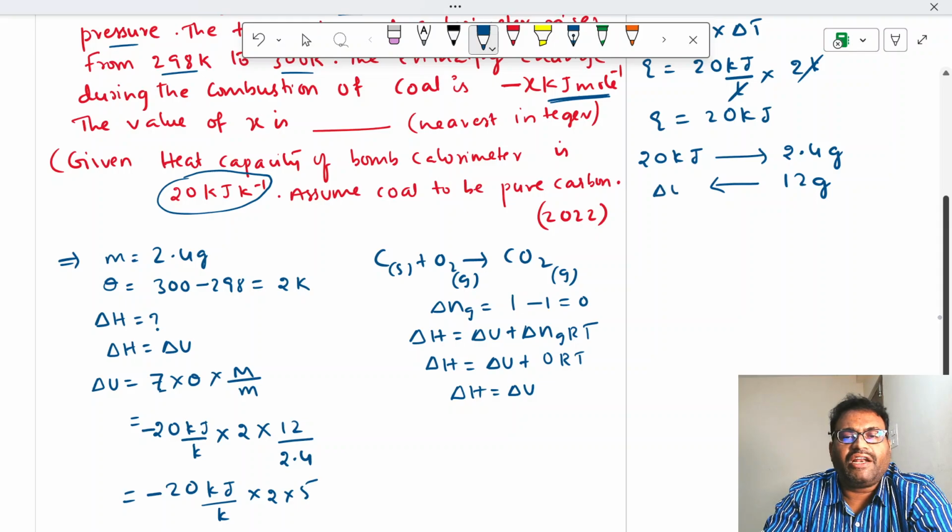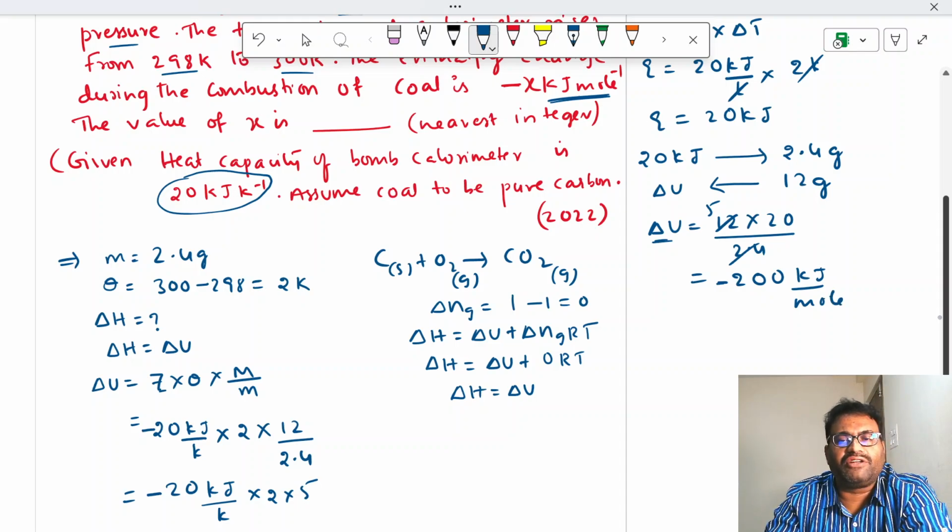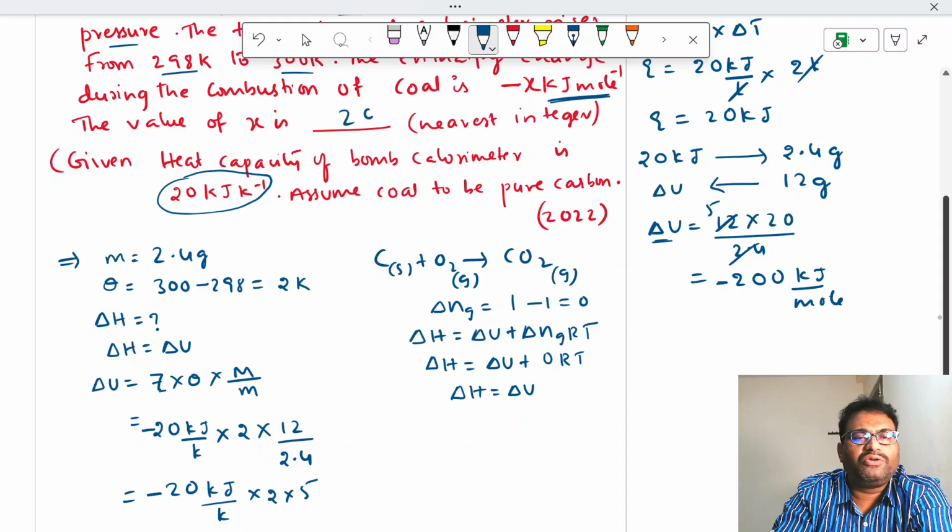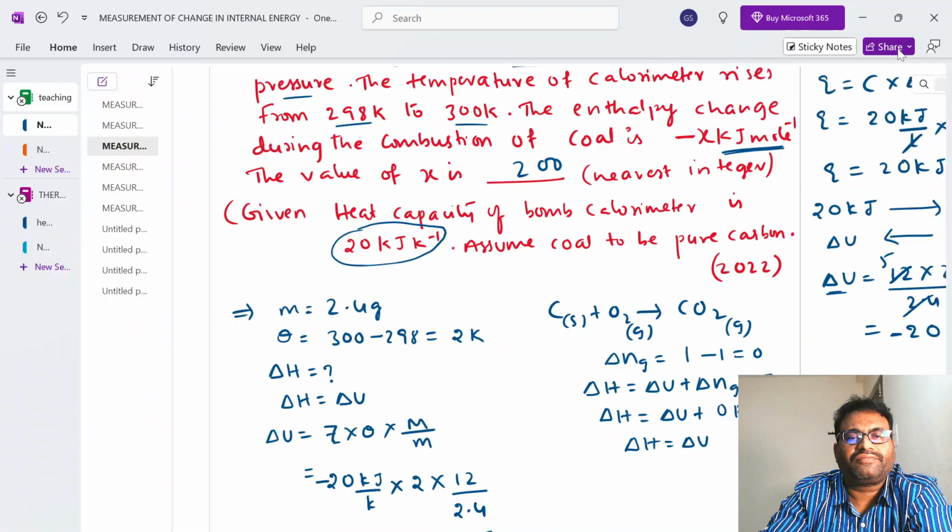So we can calculate it as delta U. So delta U is equal to 12 into 20 by 2.4, that is 100 into 2, 200. As delta U for combustion reaction, you will have minus 200 kilojoule per mole. So either way you can solve it. Okay, so the answer is 200.